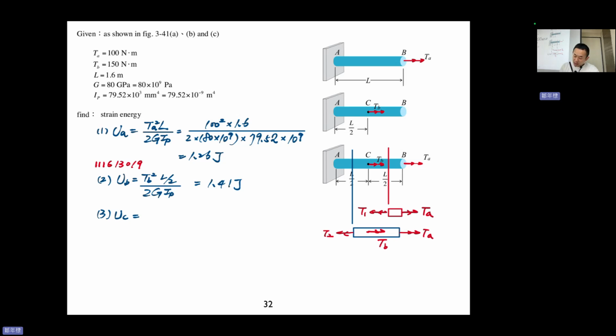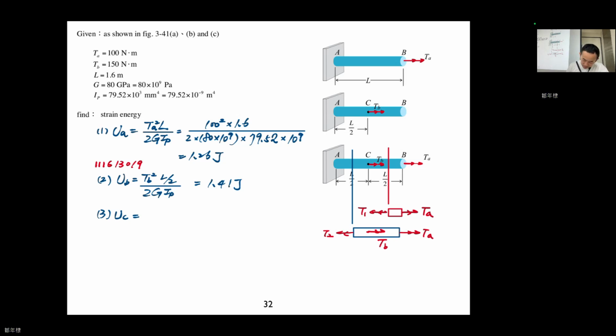Notice that I'm using T1 and T2 on the left hand side, but you can do the right hand side too. Assume the right hand side, no worry. As long as you follow your systematic procedure, if you determine in the end that TA becomes negative T1, no problem. All is okay, right?